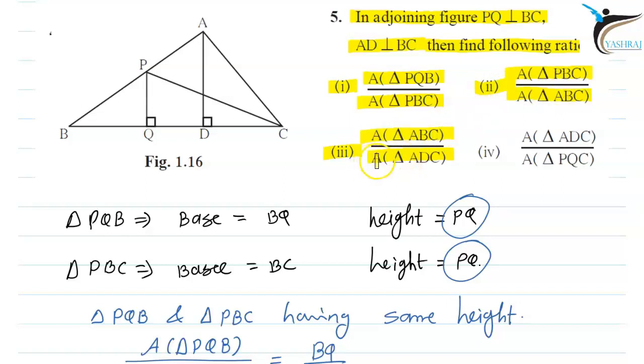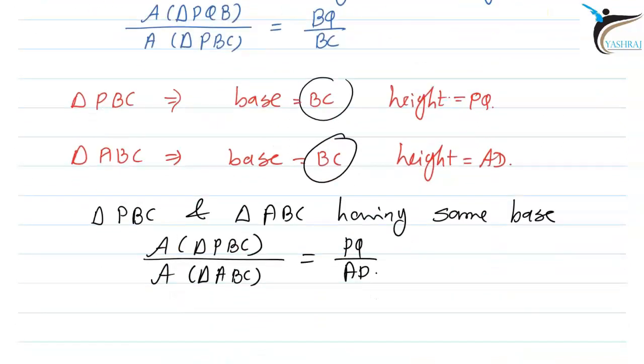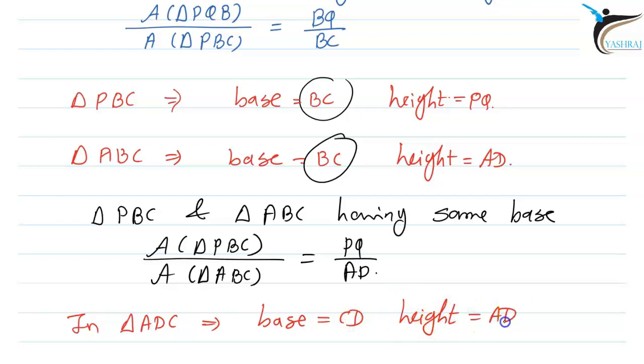So we have to evaluate now the base and height of the triangle ADC. Look at the triangle ADC. AD is the perpendicular drawn on CD. So CD becomes the base and AD becomes the height. So we are writing, in triangle ADC, the base becomes CD and the height becomes the perpendicular AD.